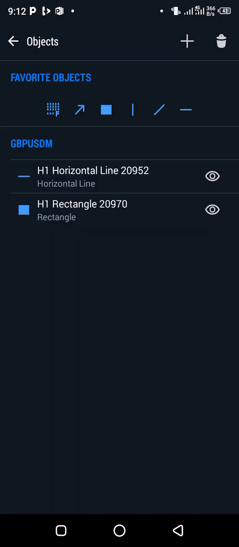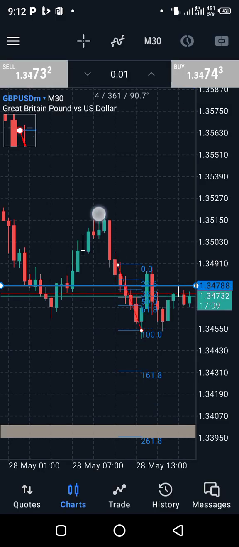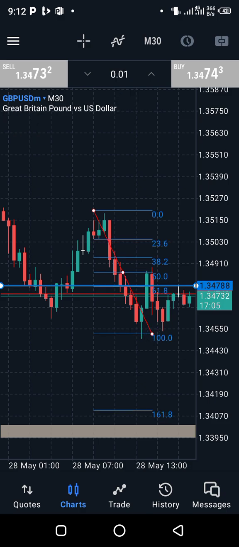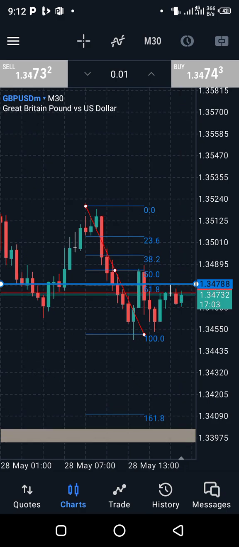So just go to your tools, put your Fibonacci. Market has reached the 50% level. Yes, market first of all reached the 50% level, and then it started going upwards.